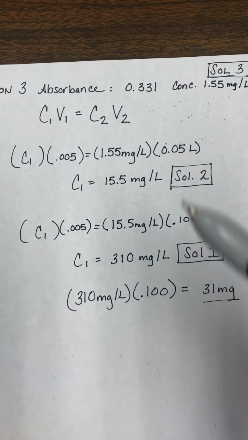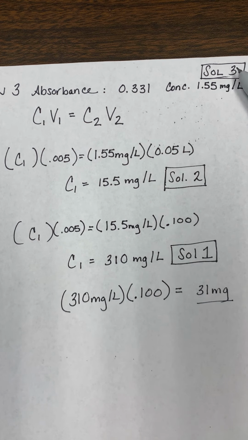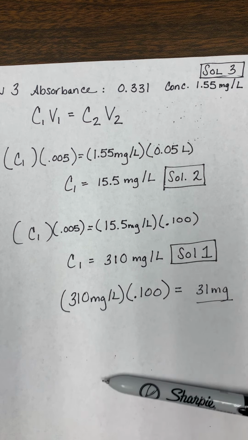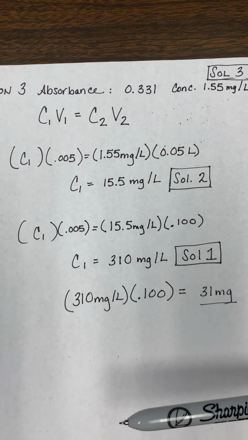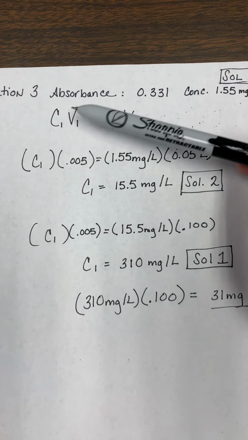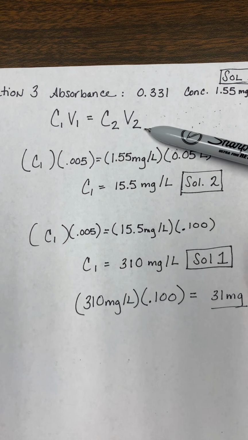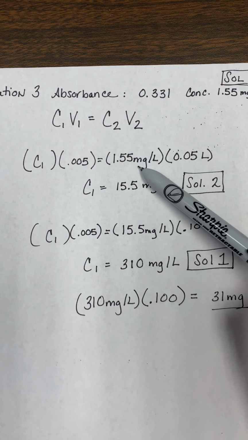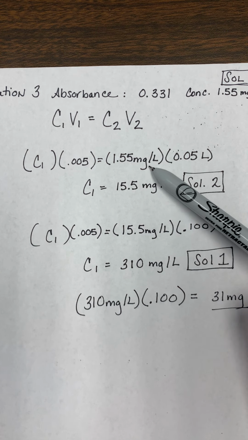Now, that is the concentration of solution 3. Now we have to use that to work our way back to figure out what the concentration was of the tablet that we used. So here you're going to use the C1V1 equals C2V2 calculation. As you can see, we have our solution 3 concentration, 1.55 milligrams per liter.